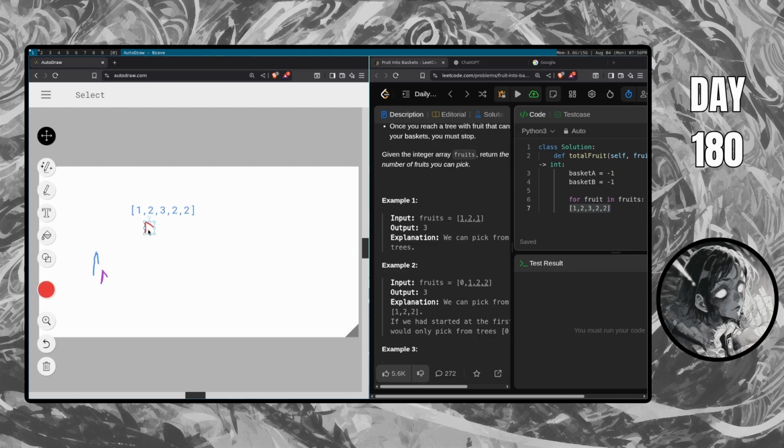I'm thinking about the first one we have, then we have a two, and then we have a three. Since we have a three, we need to go back and maybe have a pointer on the two, so we have another start. From here, we keep going.